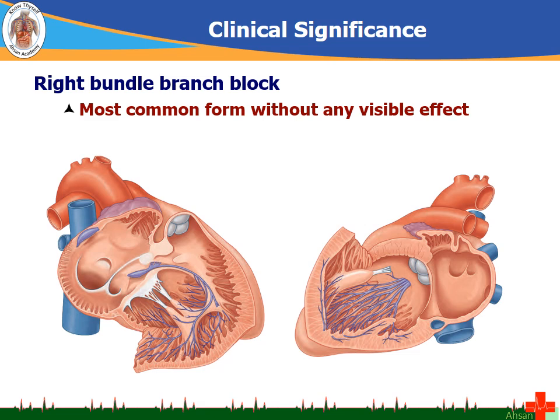The patient is only discovered when doing a routine ECG, and incidentally found to be a case of right bundle branch block, or they come to the doctor with some symptoms.